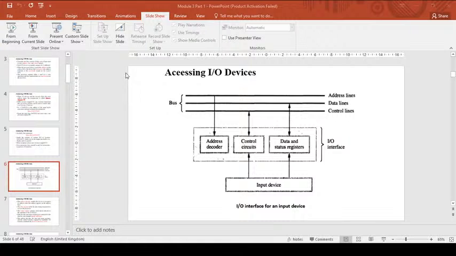In that case the next instruction is executed, that is Move DATAIN, R1. When the key is pressed and data is available in the DATAIN register, move that data to register R1 to read the character. So the character from the DATAIN register of the keyboard is transferred to the processor register R1.